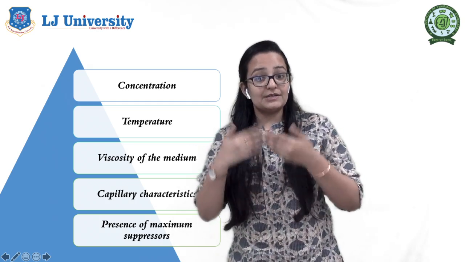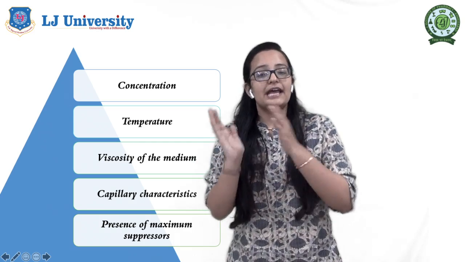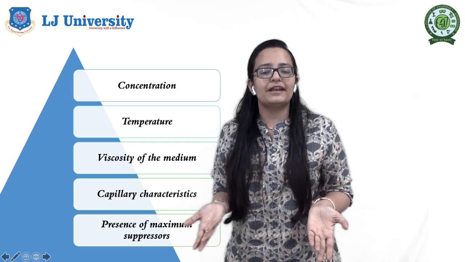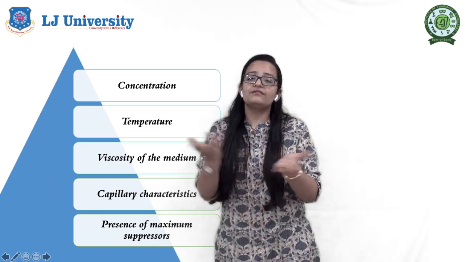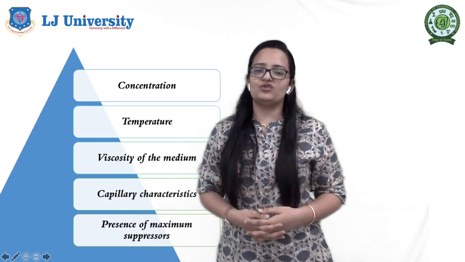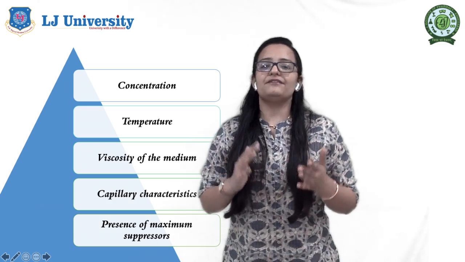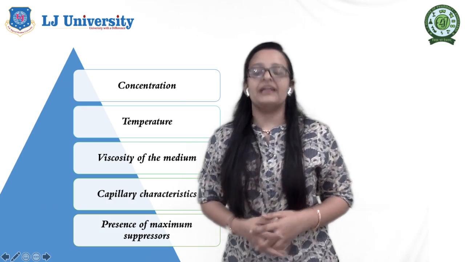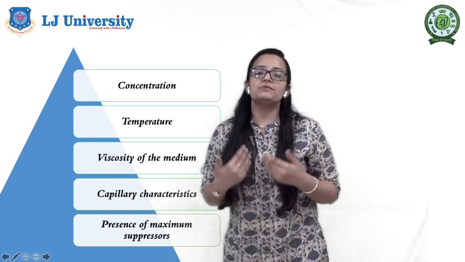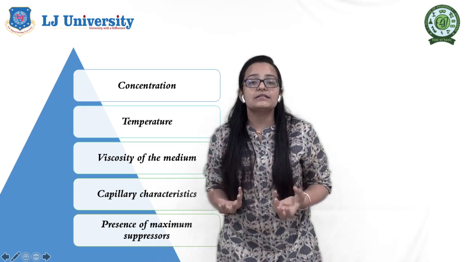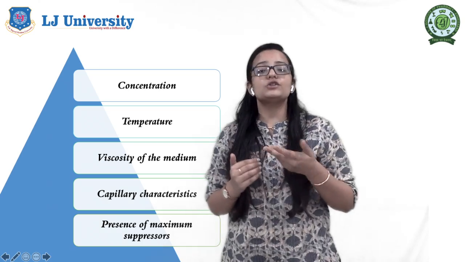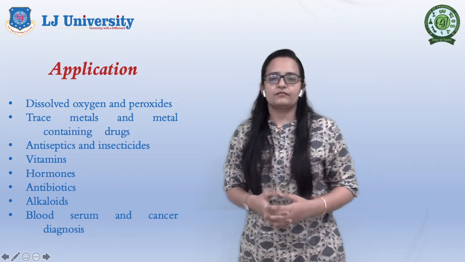Diffusion coefficient depends on the viscosity of the medium, hence diffusion current is affected. Characteristic of the mercury droplet. And presence of maximum suppressors. Maximum suppressors like gelatin, dyestuffs and surfactants will also affect the diffusion current.